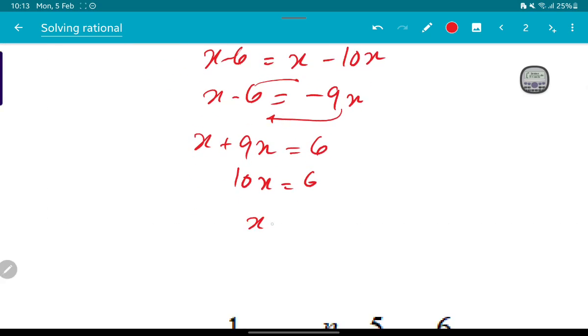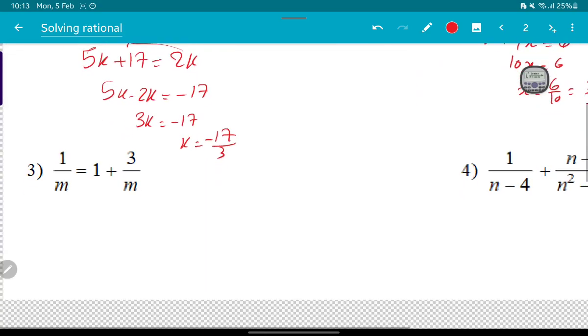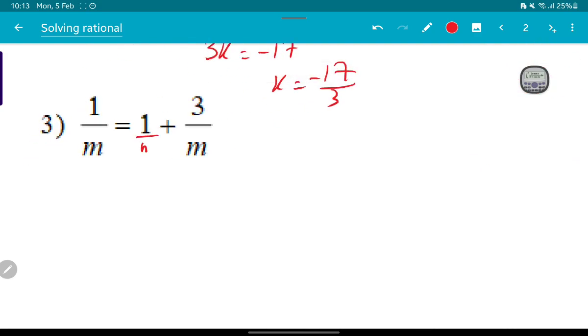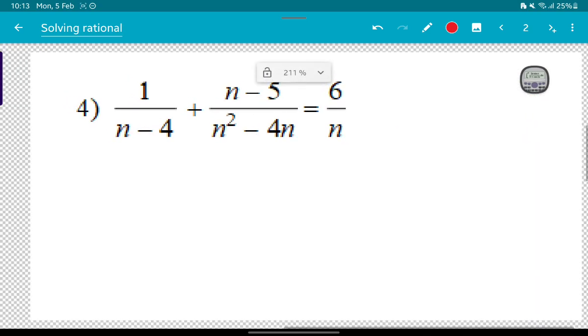So here we have x equals 6 over 10, which is 3 over 5. Here we multiply by m, and you can do this. Now we have a different type.